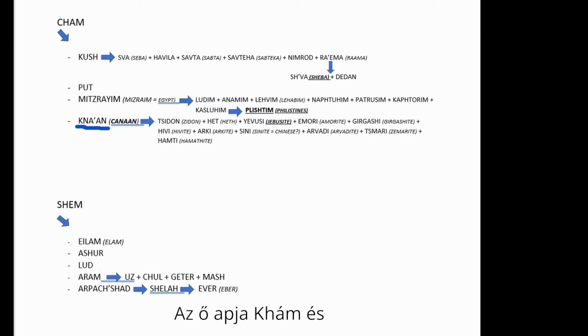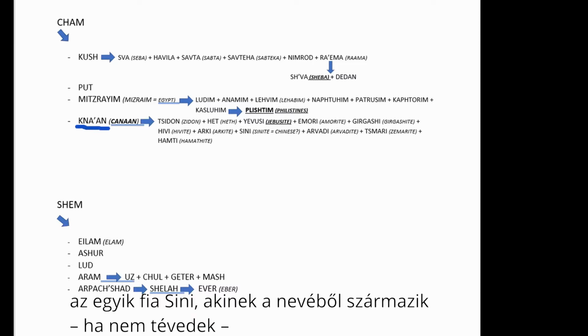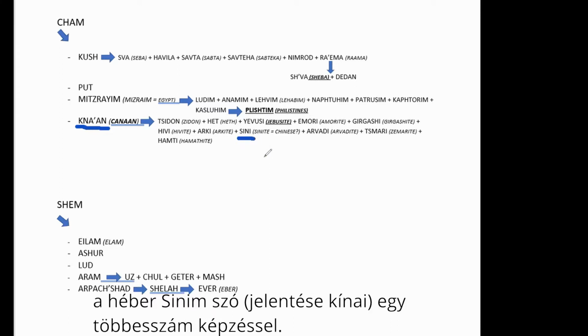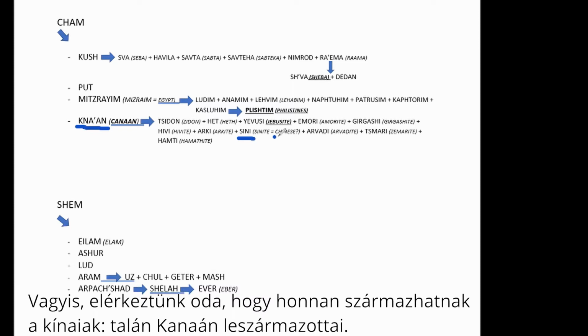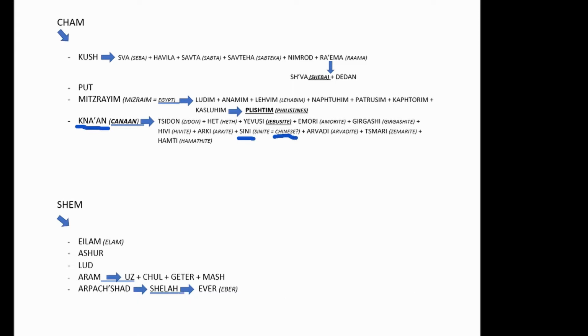Canaan has a child called Sini in Hebrew. And this, if I'm not mistaken, is where we get the Sinim in Hebrew. Plural of Sini, we add an M: Sinim, which is the Chinese. So already here we might have a clue as to where the Chinese people come from. Maybe they are descendants of Canaan.